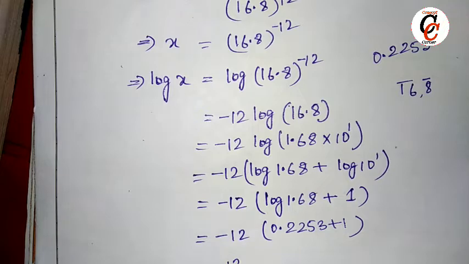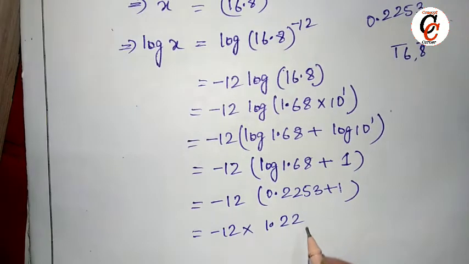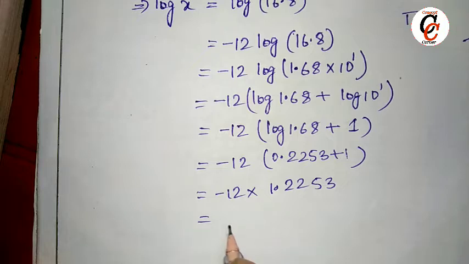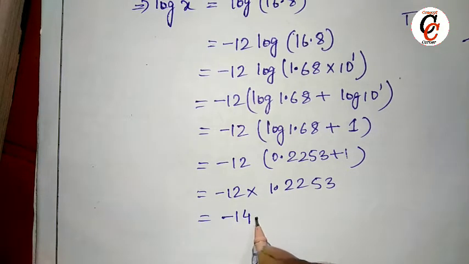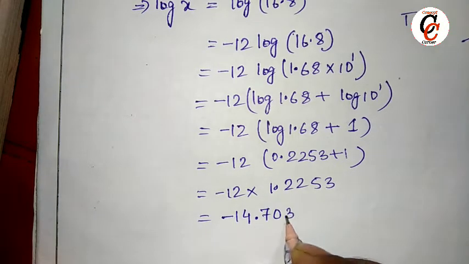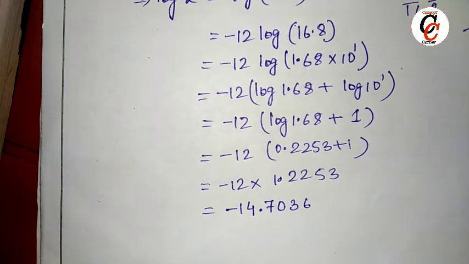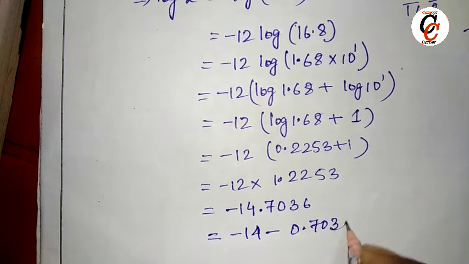So minus 12 into this, which is 1.2253. After multiplication we get minus 14.7036. Since this is negative, we have to write minus 14 minus 0.7036.